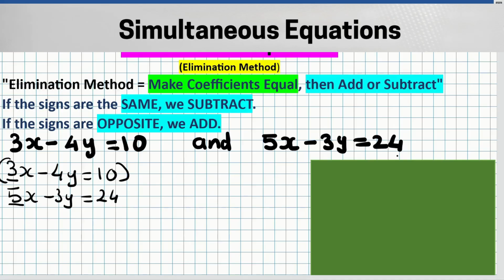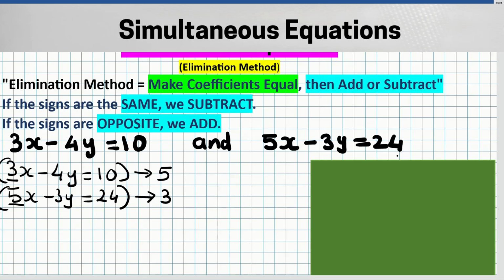We already know 3 and 5 are prime numbers, so the LCM of 3 and 5 will be 15. Since the LCM is 15, we'll multiply the first equation by 5 and the second equation by 3.